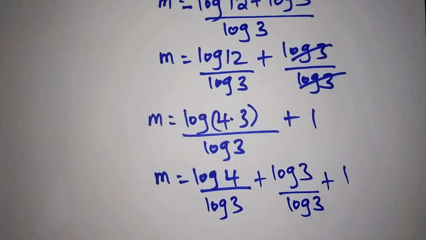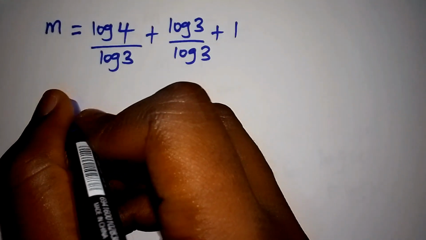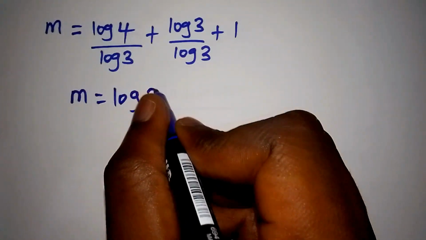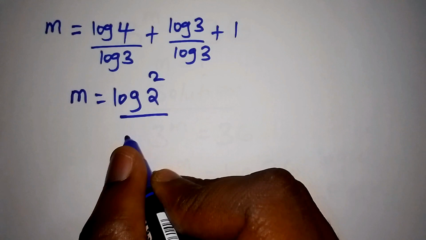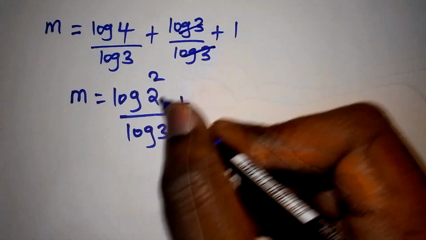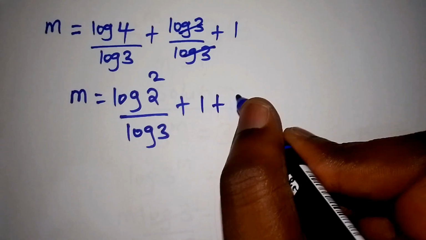Next, m shall be written as, the log of 4 can be written as the log of 2 to the power of 2, all over the log of 3, plus, log 3 and log 3 shall cancel, so now we shall have 1 plus 1.